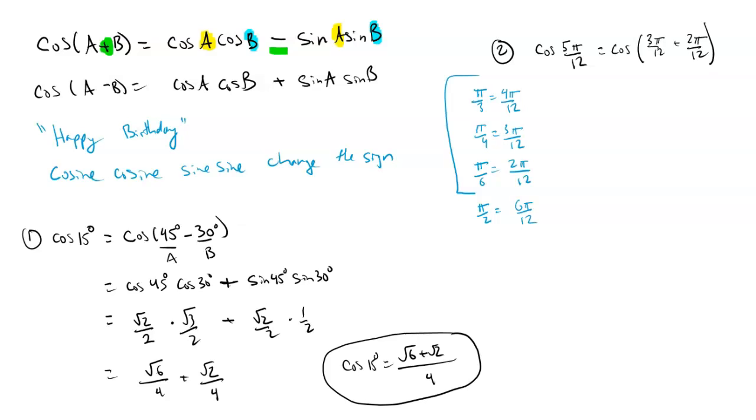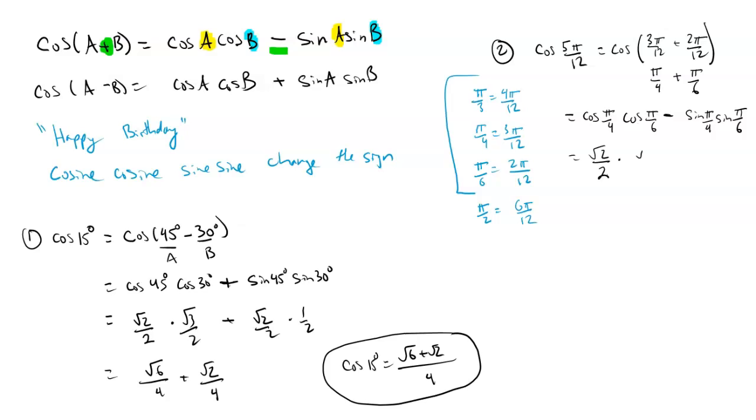At any time you can always simplify it. If I wanted to simplify it right away to pi over 4 and pi over 6, that's perfectly fine. So this is going to give me the cosine of pi over 4, the cosine of pi over 6, opposite sign, minus, and then same thing with sines. Then I use my unit circle, and this is going to leave me with root 2 over 2.